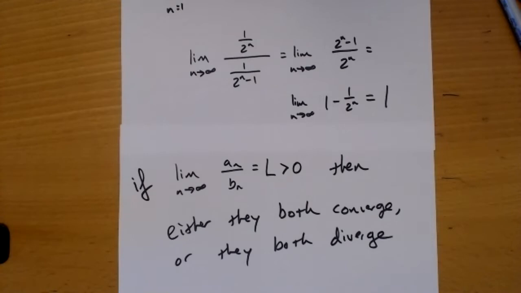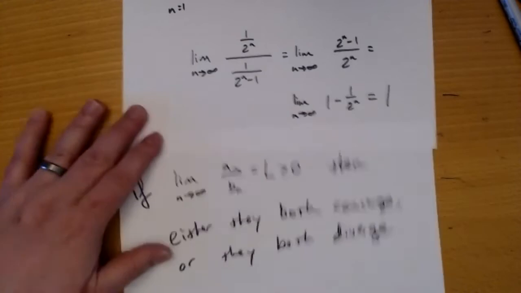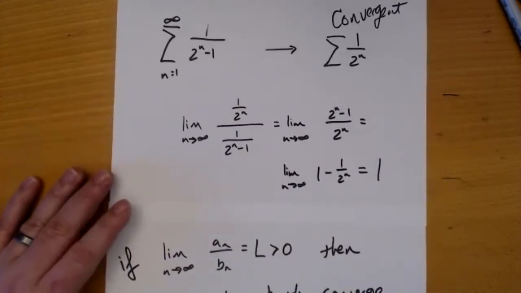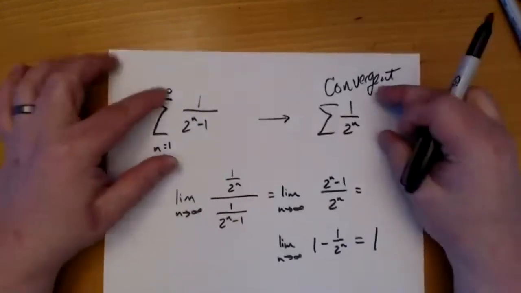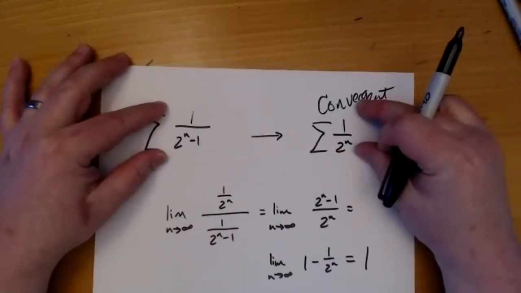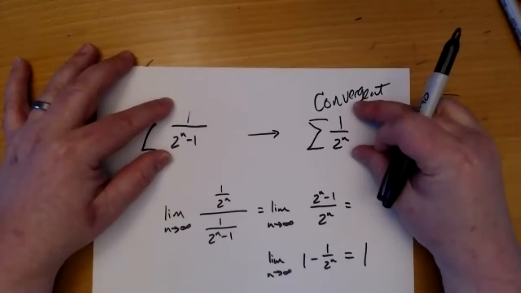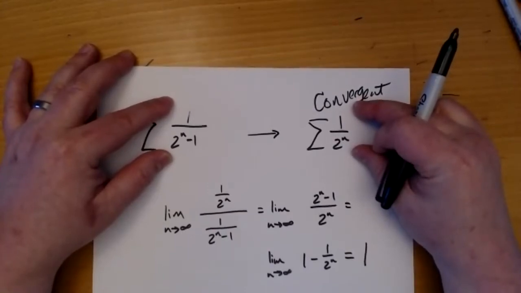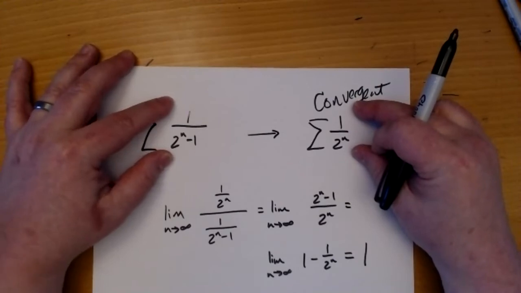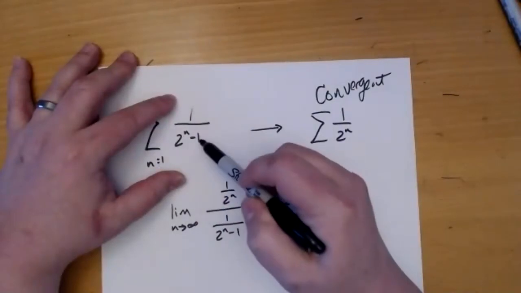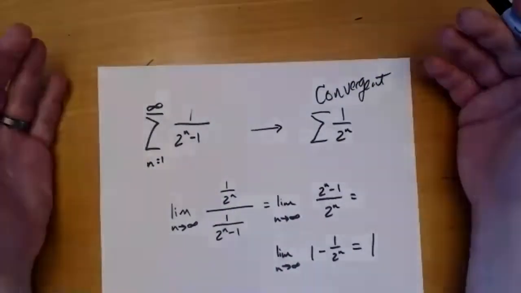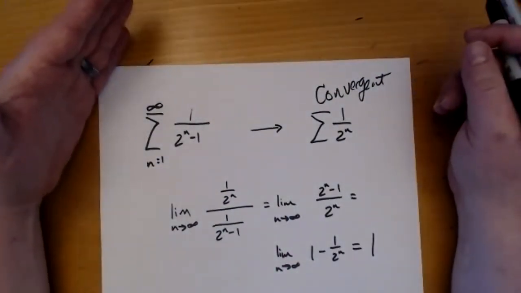So what this is basically saying is, think about these two things in terms of how fast they grow. This guy and this guy are both growing at the same speed, because of this 2 to the n term. Taking away 1 doesn't make it smaller, it just makes it a little bigger.